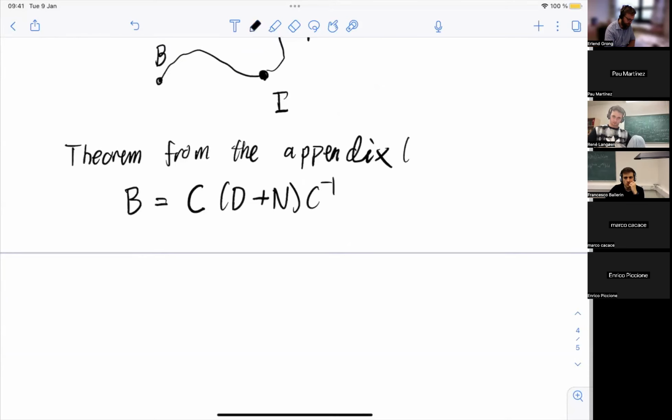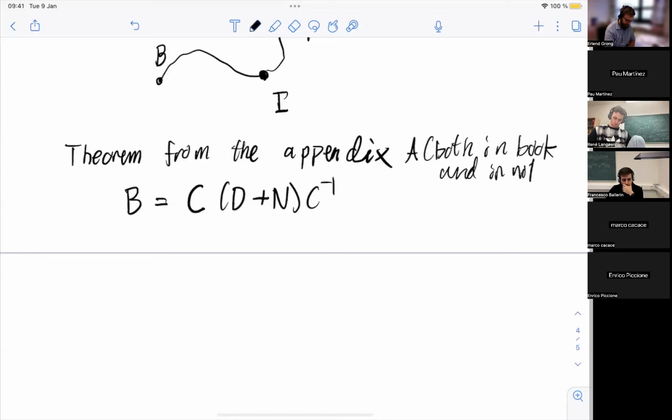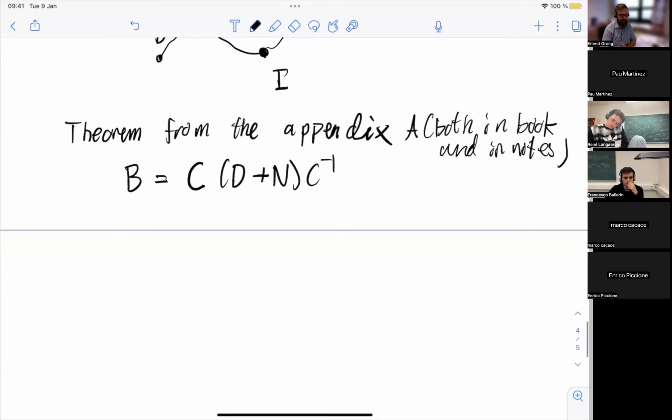So, appendix A, both in the book and in the notes. Whether you're using the book or the notes, this result is in appendix A. This is just a linear algebra result that you can write any matrix, up to a basis change, as a diagonal matrix plus a strictly upper triangular matrix.